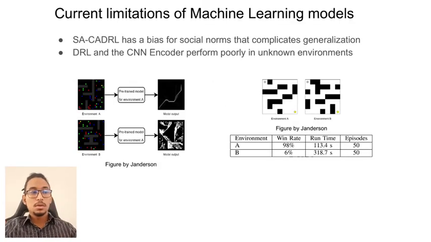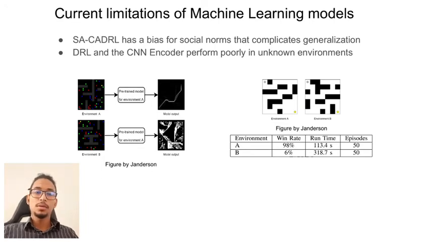But we made some tests and analysis, and we found that the first model has a bias for social norms that complicates generalization. As we can see in this figure, that encoding really eliminates the useless paths in the train scenario, but on the other hand, it has serious problems doing the same task in an unknown environment.